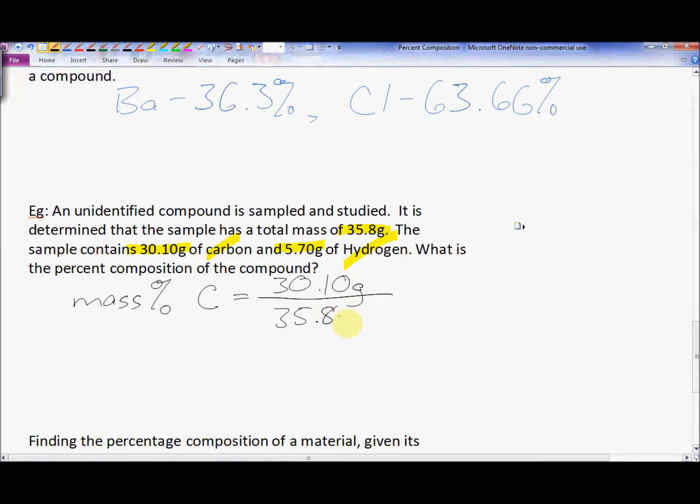Okay, and multiply the whole thing by 100%. And that's going to give us 84, let's say I'll round it here, 84.1%. So the mass percent of carbon is 84.1%.